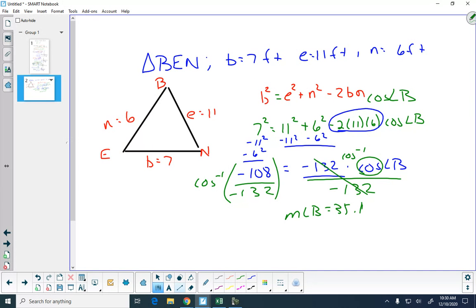If we take a look at problem, let's see, 15 on the back, the area problem.